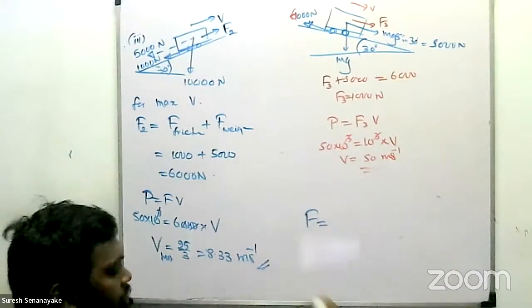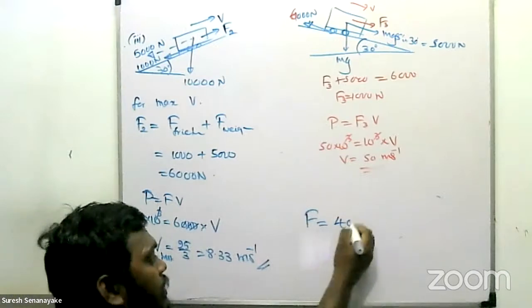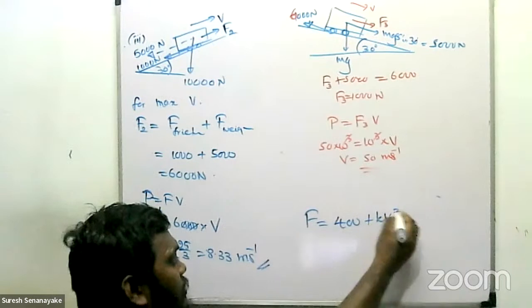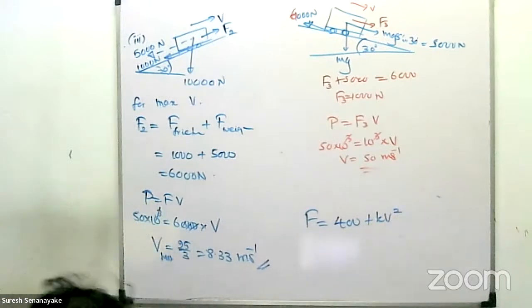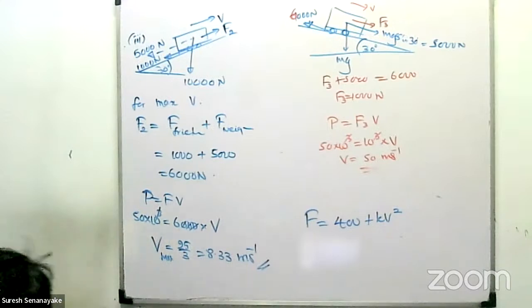If vehicles are moving faster, the resistive force acting on them will also be greater, right? So that's why when the vehicle is moving faster, it consumes more fuel. Here F is in newtons, v is in meters per second and k is a constant.